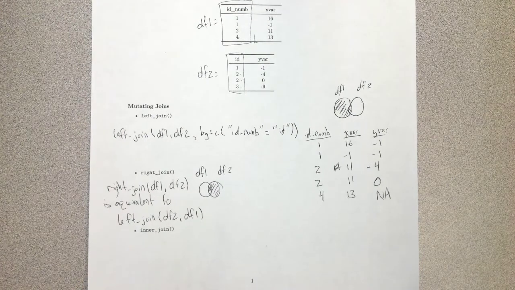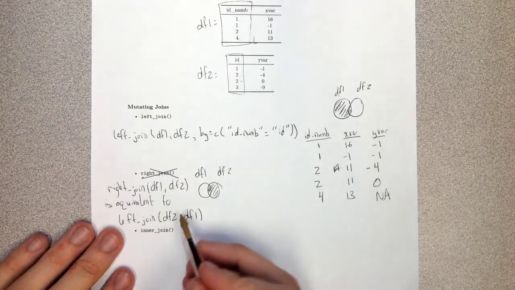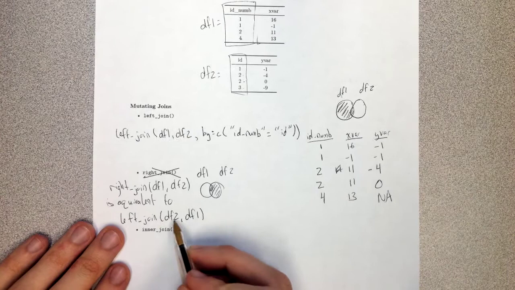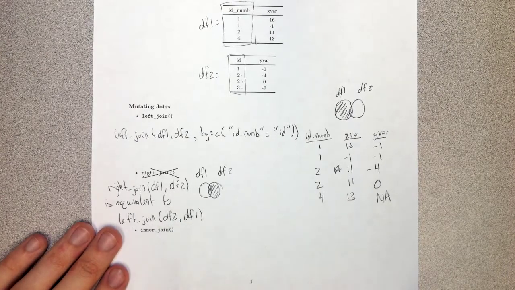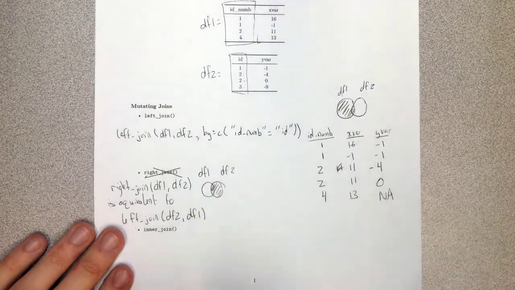For that reason, it's usually easier to just always do left joins. You would never really need to do a right join if you could always just flip the two data sets and make it a left join. So we'll mostly ignore that.